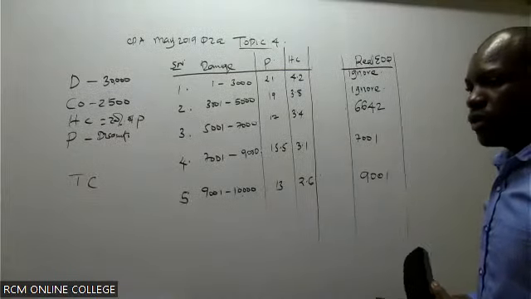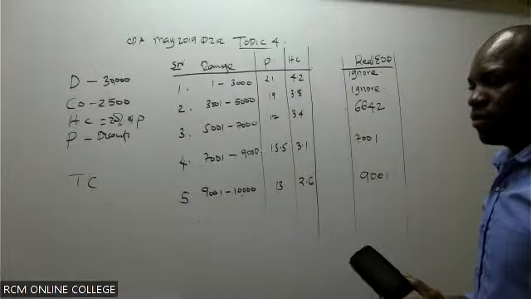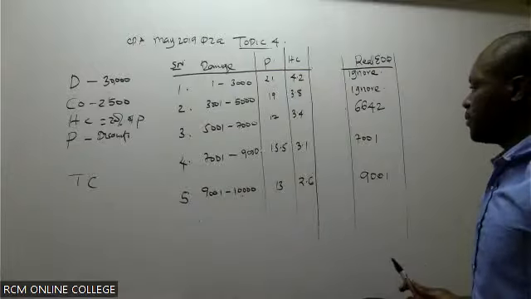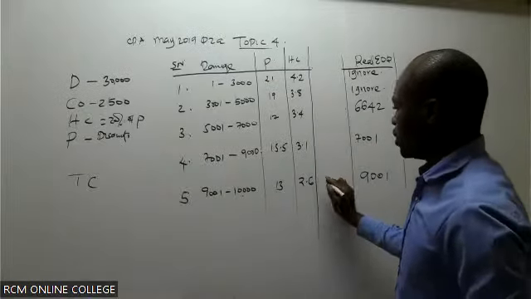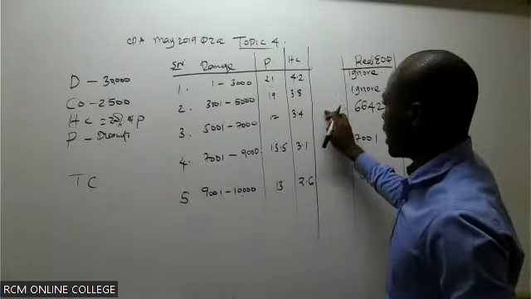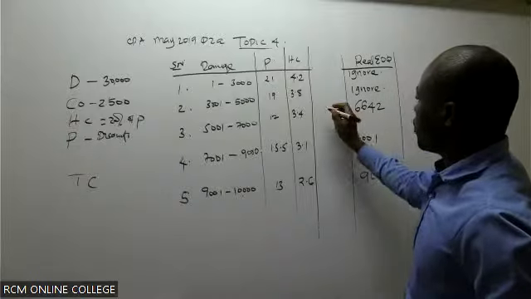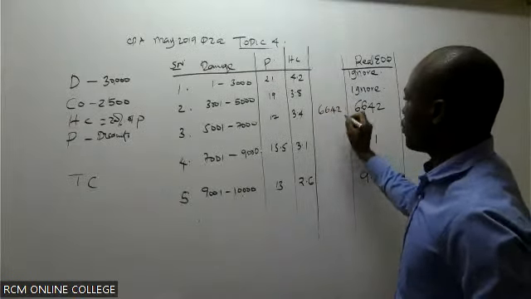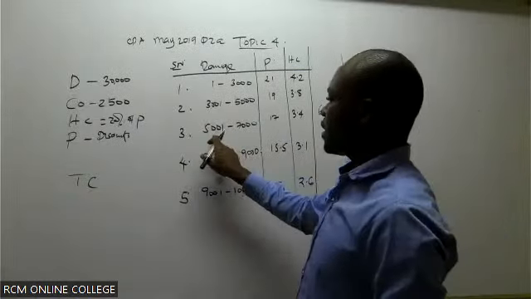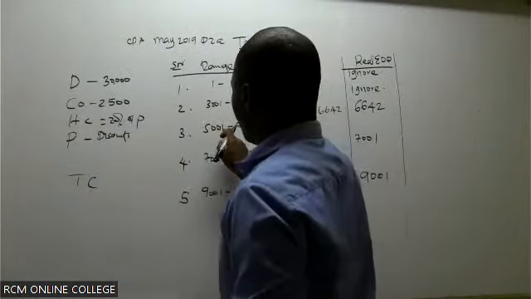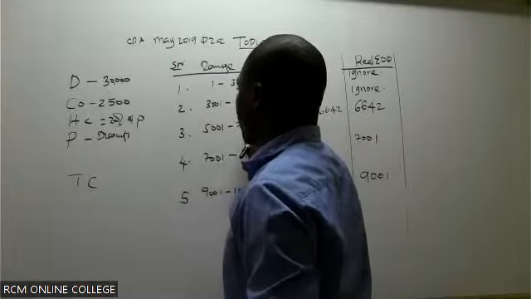Can you pick any amount between this one and this one in exam? In exam, yes. Let's say our calculated economic order quantity, which I think we did here, look here carefully, we had 6,642, is it? 6,642 is within this range, between 5,001 and 7,000.